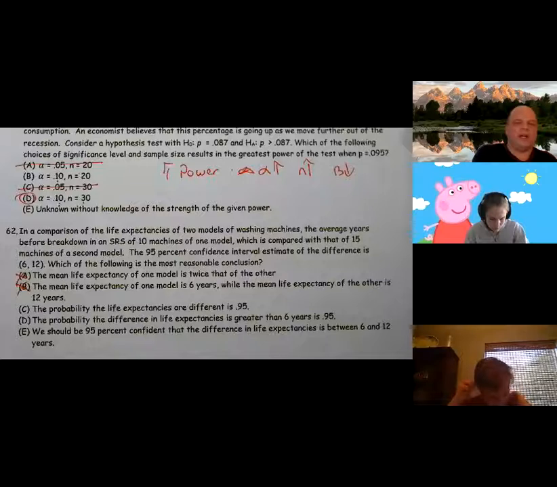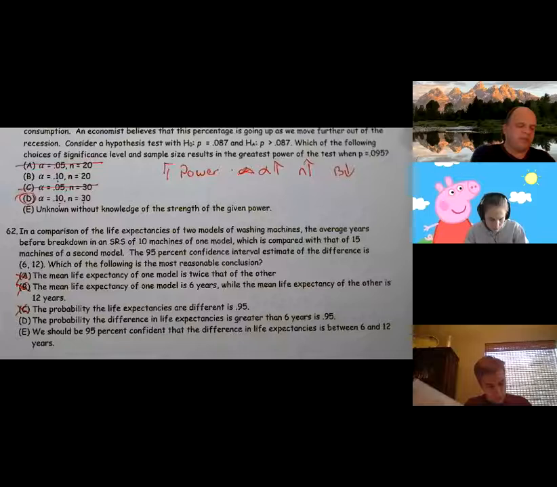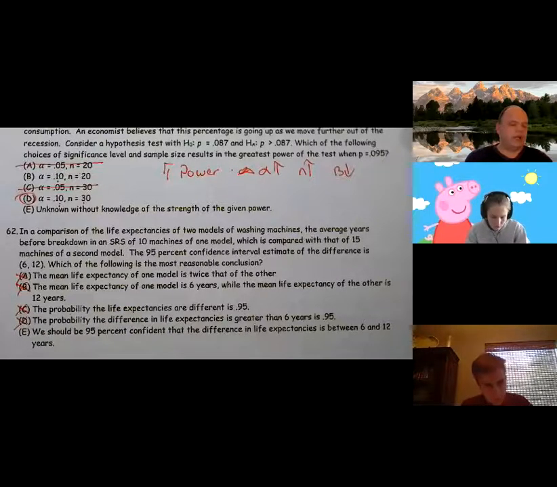As for the probability option, we never talk about probability when we talk about confidence intervals. So we're down to only one. We should be 95% confident that the difference lies between 6 and 12.